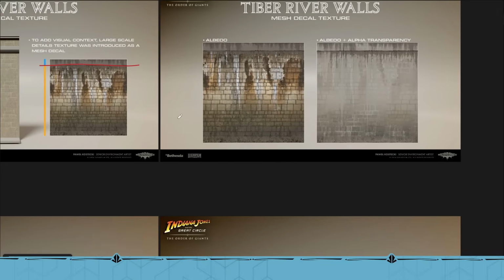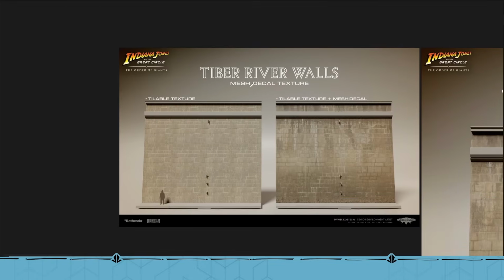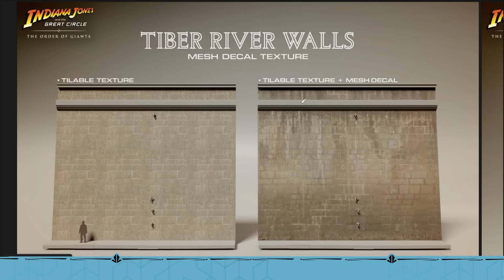That gives a lot of control. Then let's go here, and we see the final result. This is great. With that much control, and again with custom decals, it's doing the job of the macro variation that we've seen.